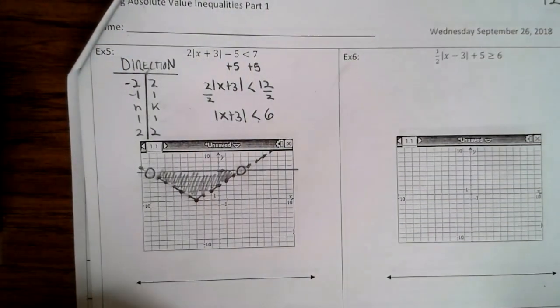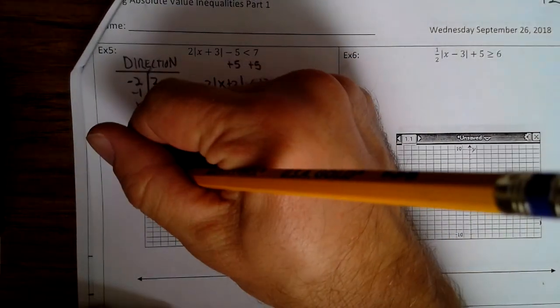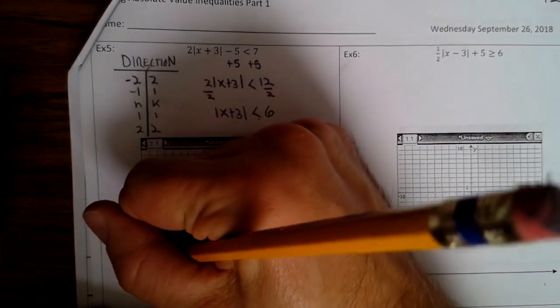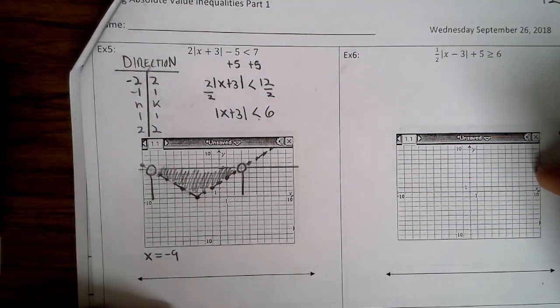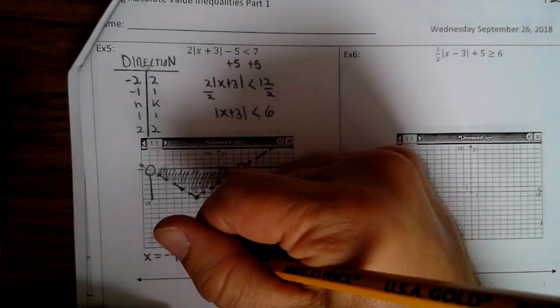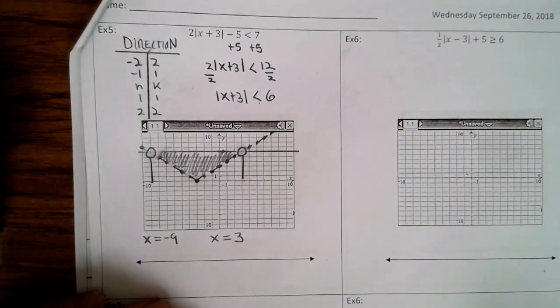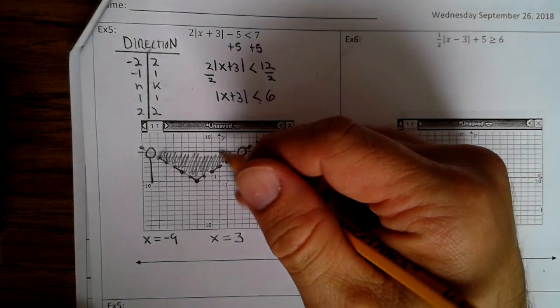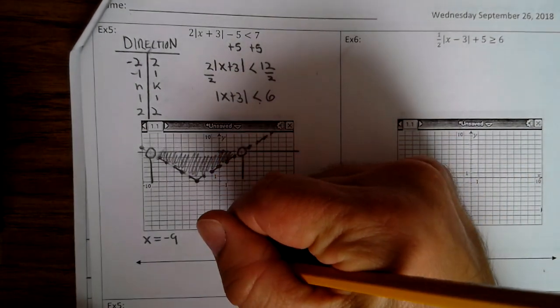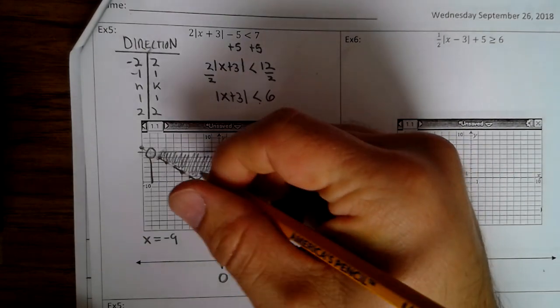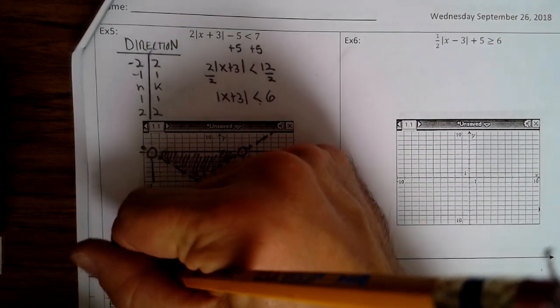And then we try to find the x value. So we draw a line down. So our solutions are x equals -9 and x equals 1, 2, 3. All right, so now here's our, when x is 0, so we have an open circle at 3, and we have an open circle at -9.